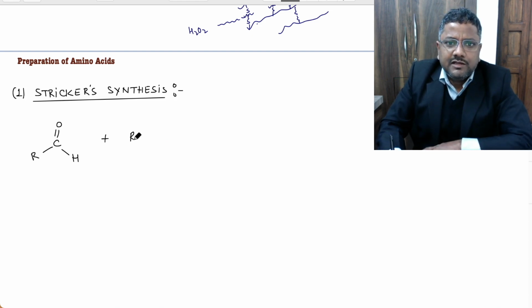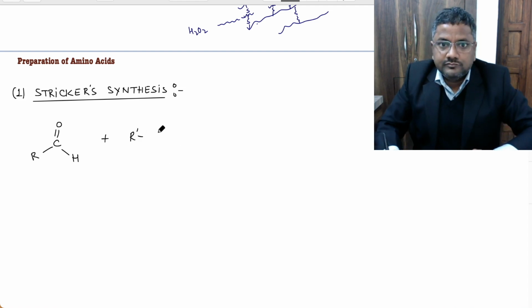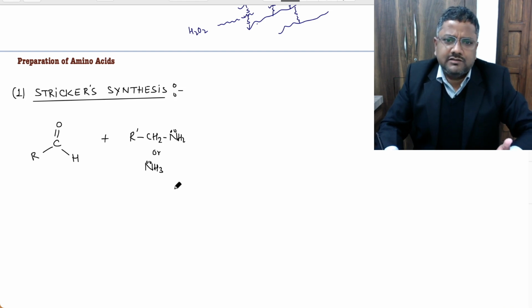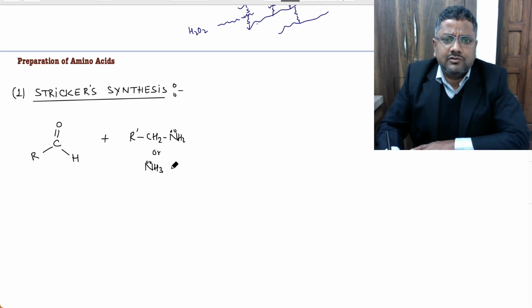So I am taking here R dash CH2NH2, or you can take here in place of this ammonia, and the source of this ammonia is basically ammonium chloride, right? That will give a good yield, right?